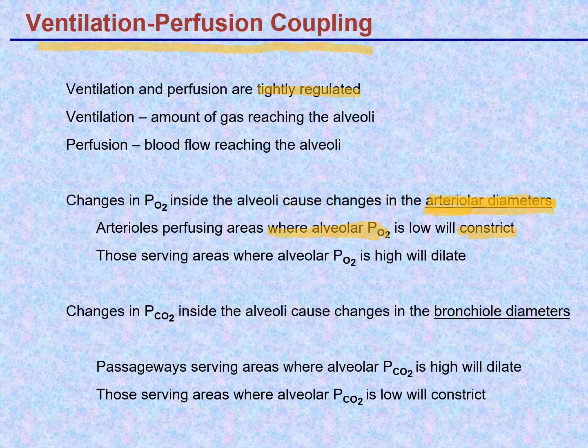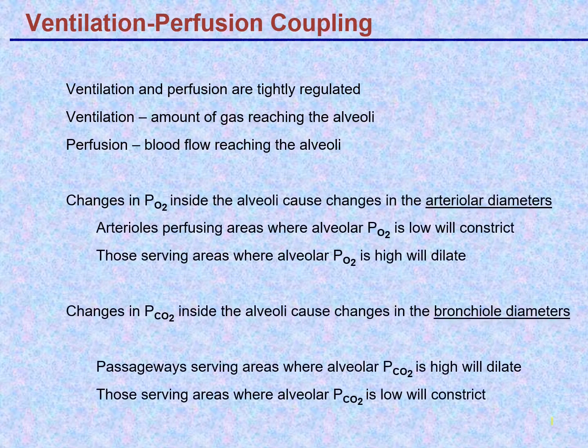After all, in the end, you want to send the blood to the alveoli in the lungs that are well ventilated, where there's lots of oxygen. You don't want to really bother as much with areas that aren't. If you look at the arterioles that are serving alveoli where the PO2 is high, they will dilate, they'll widen. You get vasodilation of those arterioles, sending more blood.